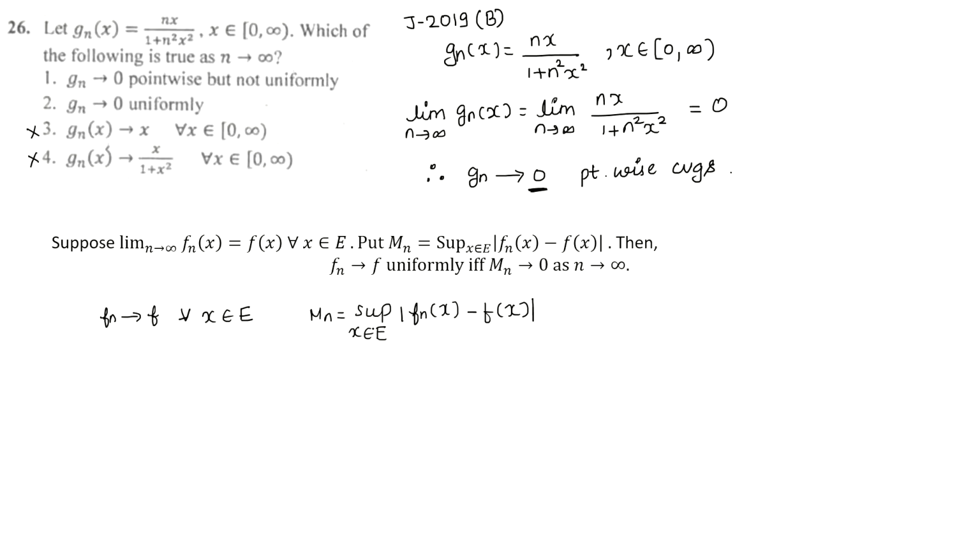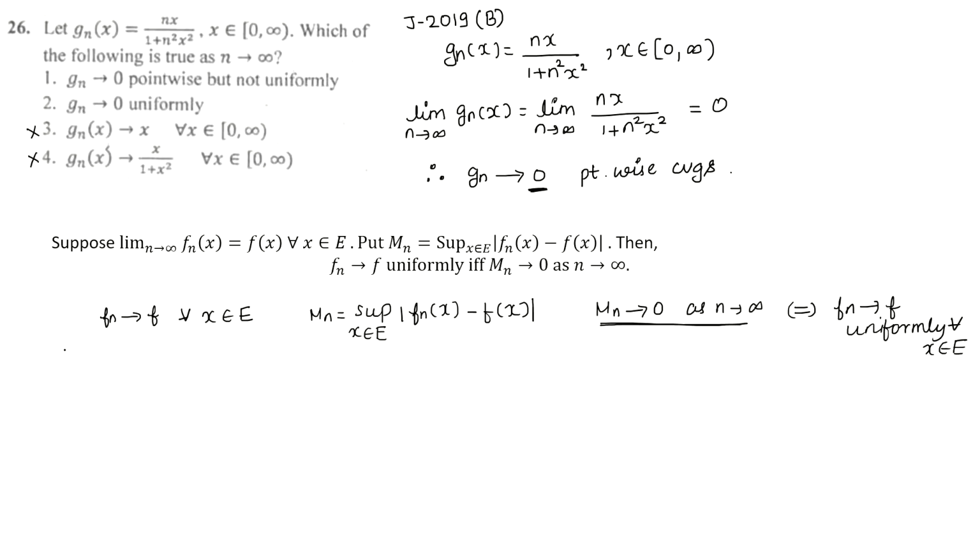After determining what is Mn, check whether Mn tends to 0 as n tends to infinity or not. If Mn is tending towards 0 as n tends to infinity, this will be possible if and only if fn converges to f uniformly on this domain E.